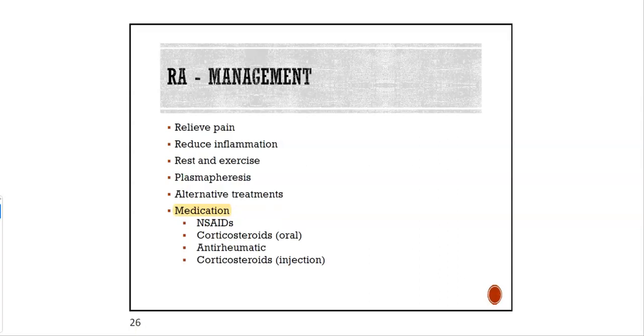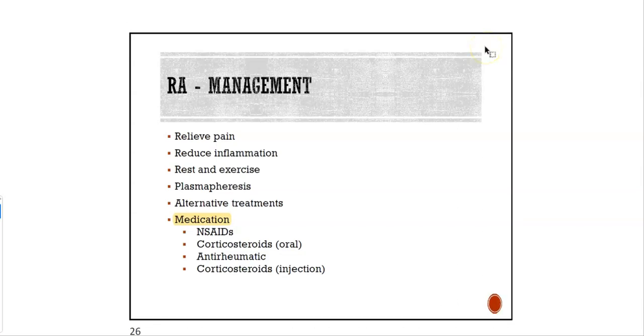Plasmapheresis is a process wherein they remove the plasma and try to clean out those inflammatory cytokines or immune complexes to hopefully help alleviate the overly reactive immune system. That's a way to help regulate the immune response of the patient.